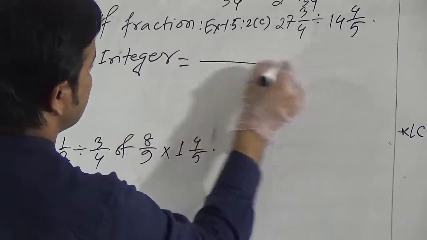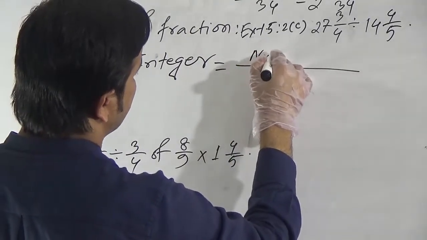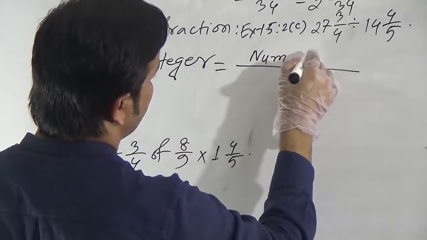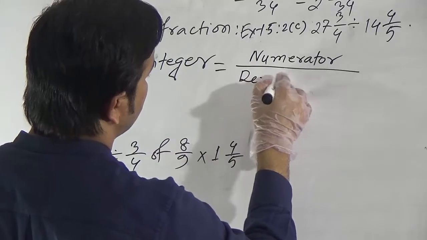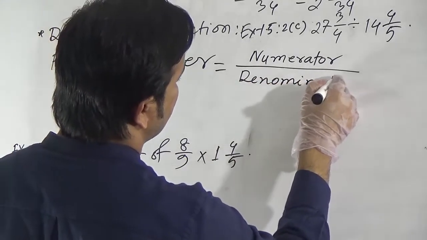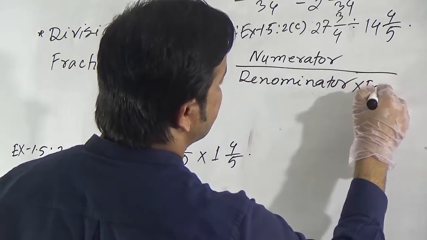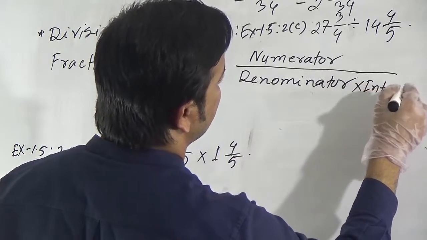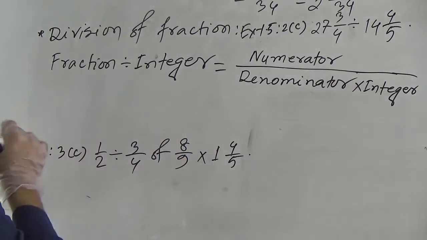In this case, the integer will go to the denominator and the numerator will remain the same. Denominator multiplied by integer.